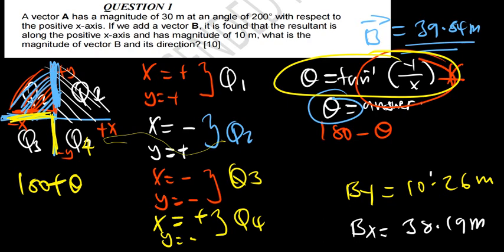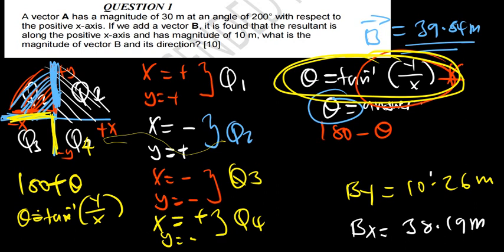When you plug in the values, remember you only put positive values in this formula, tan inverse y divided by x. Just plug in positive, ignore the negative, then follow this principle. So if it falls in the fourth quadrant, you say 360 minus the theta you are going to find here. That is the direction you are looking for.